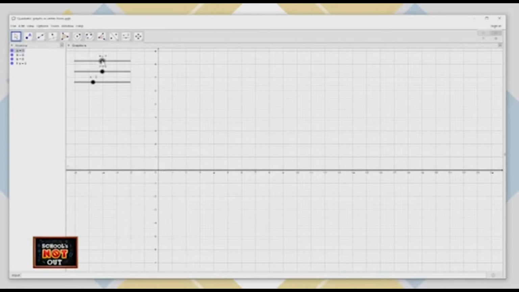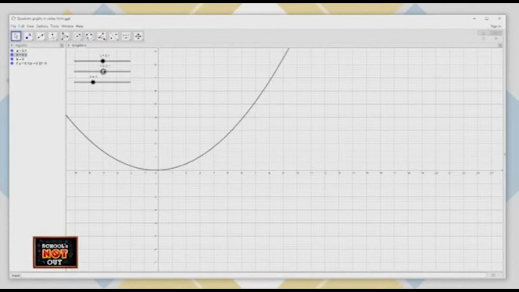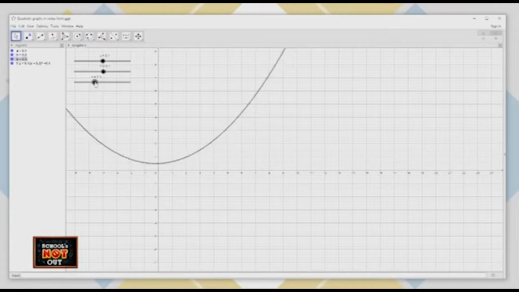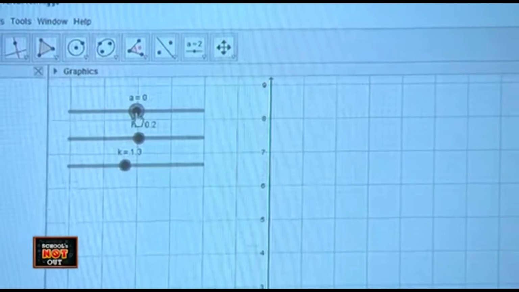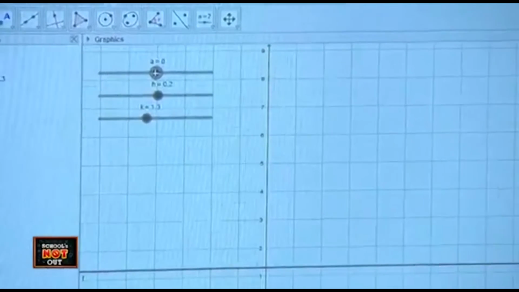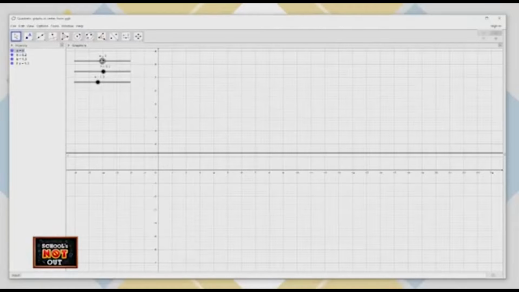All right, so we see our graph widening. Let's look at what's happening now with A being 0. How does that look, Brittany? Well, that looks like a straight line. There is no curve anymore.